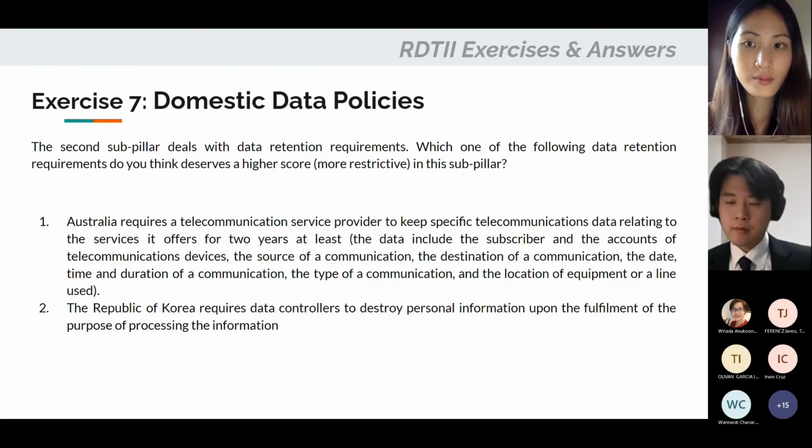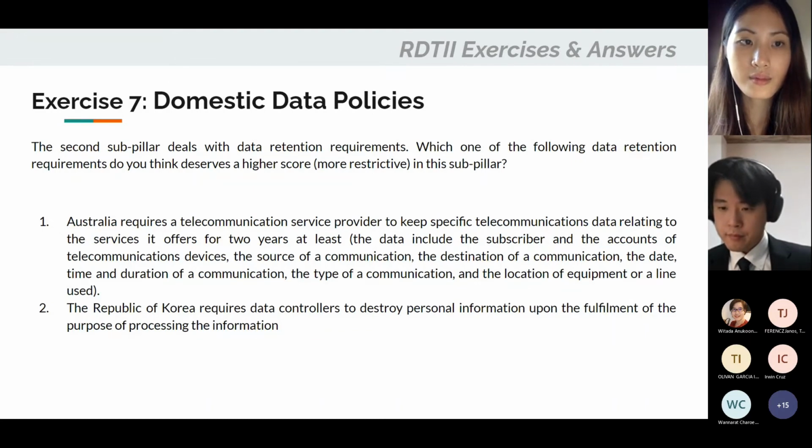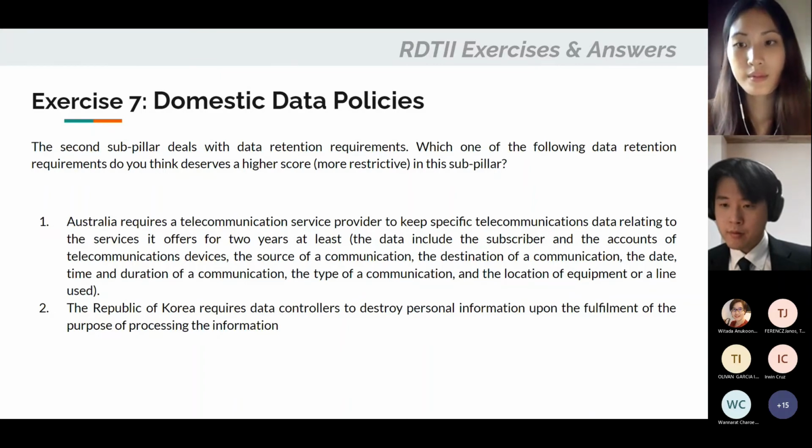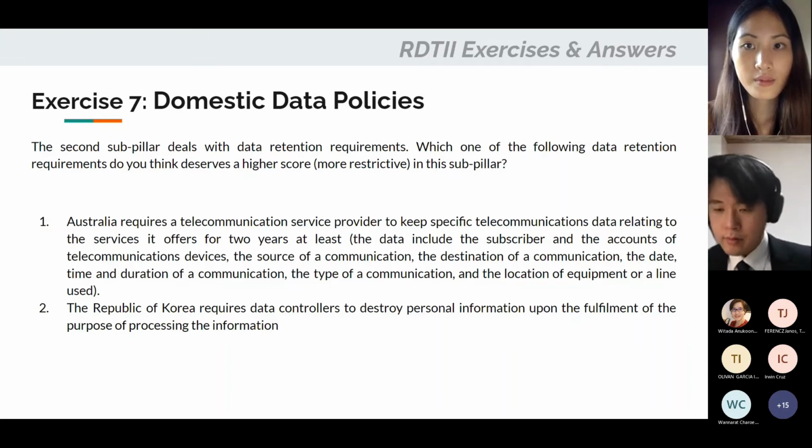So it's pretty much the same concept that tries to measure how harmonized these groups are in terms of regulations, and that should be used in empirical analysis more than just the restrictiveness index alone. Yoon, I hope this clarifies.